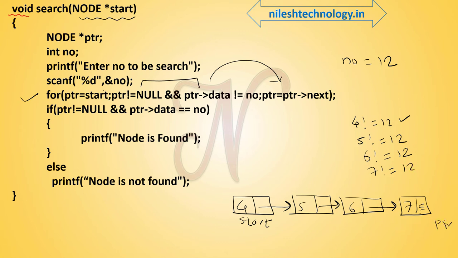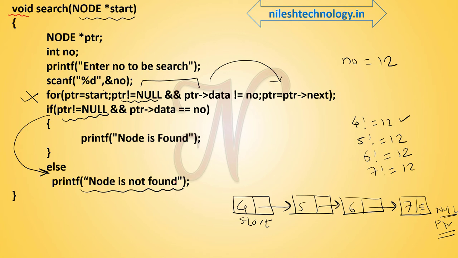On next there is no node, that is ptr is null. So the condition ptr is not equal to null fails, and we break this for loop. My if condition, ptr is not equal to null, is false. So it is going to else, print node is not found. In this way we validate the number or search the number in a linked list.